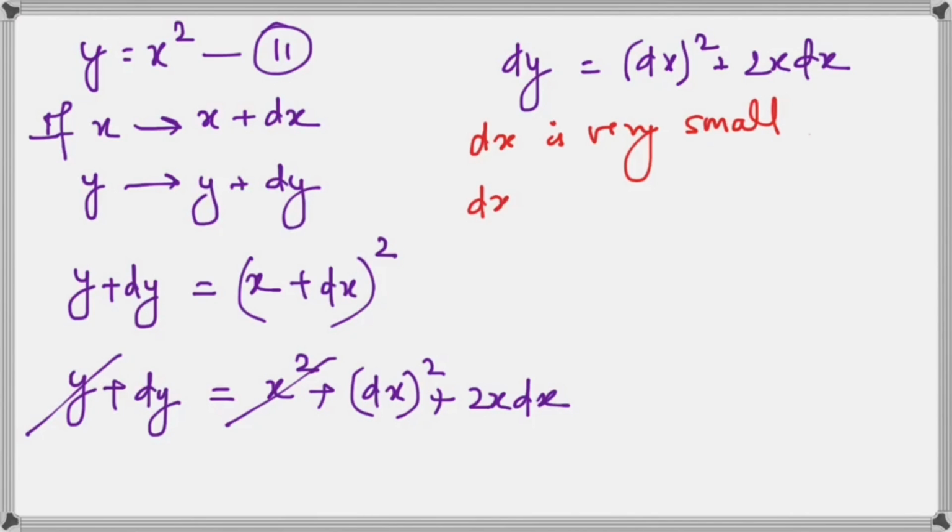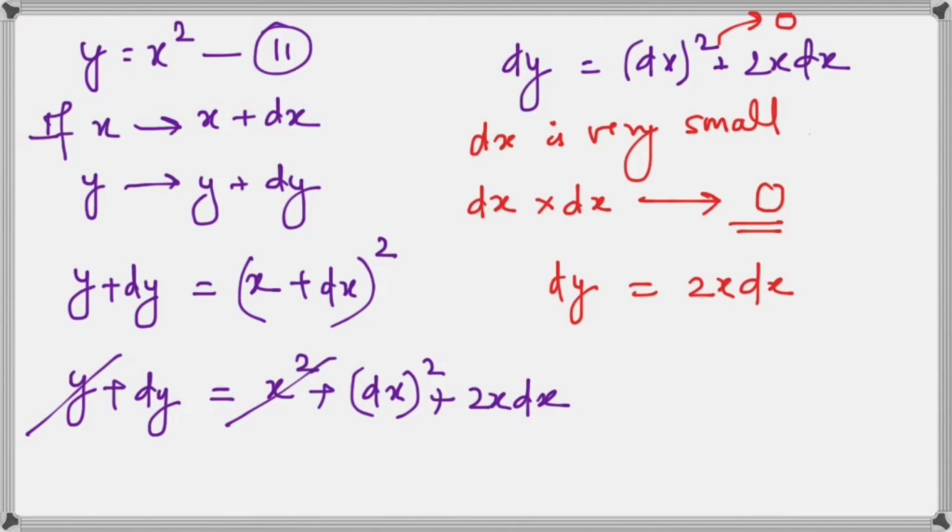Therefore when you multiply dx by dx, which is dx squared, its value becomes very close to 0, and so we ignore it and we write dx tends to 0. Therefore dy equal to 2x dx, and that gives us dy upon dx equal to 2x.